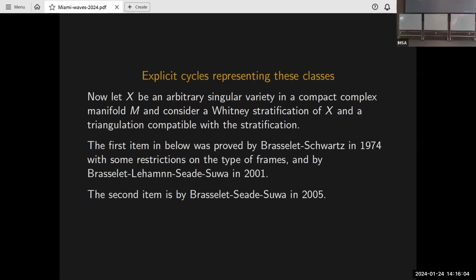And then one can show that both Schwartz classes and Fulton classes, just as usual Schwartz classes, are associated to indices. All these are associated to corresponding indices that are identified.